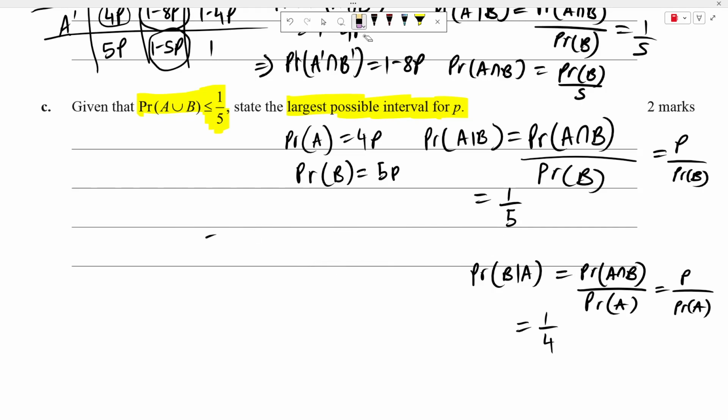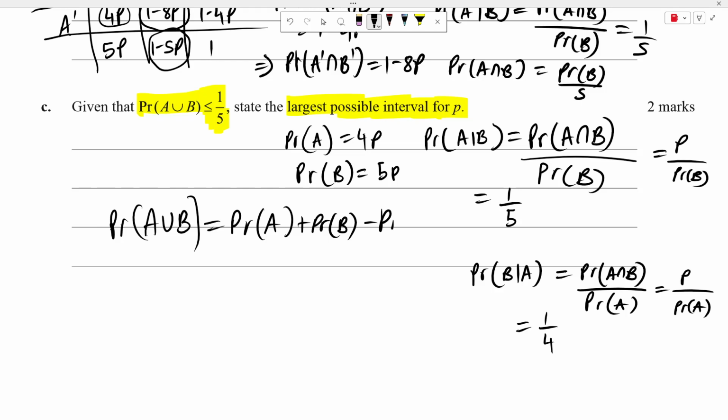Now the next thing I want to talk about is the formula for the probability of A union B. And that's the probability of A plus the probability of B minus the probability of A intersection B. And we know that the probability of A is 4p, the probability of B is 5p, and the probability of A intersection B is just P. So you get 4p plus 5p, 9p, minus P, which is 8p.